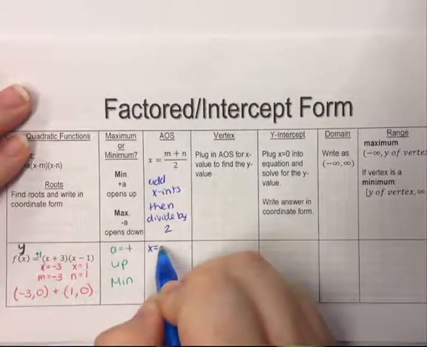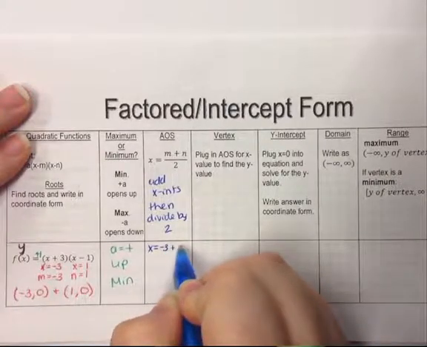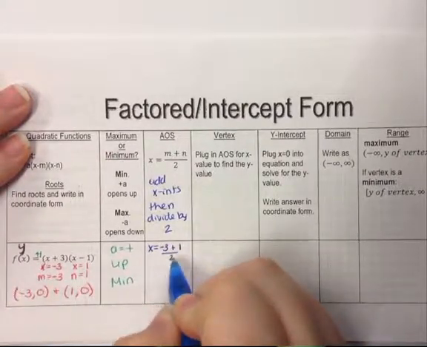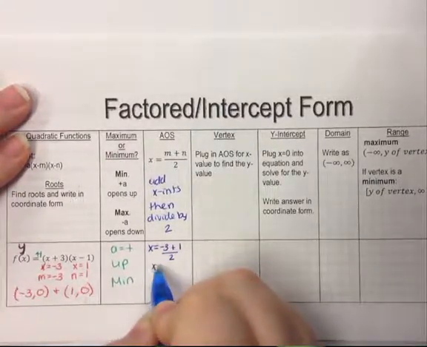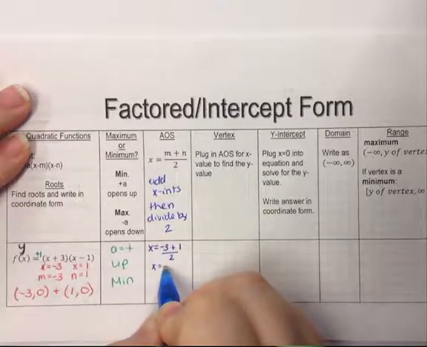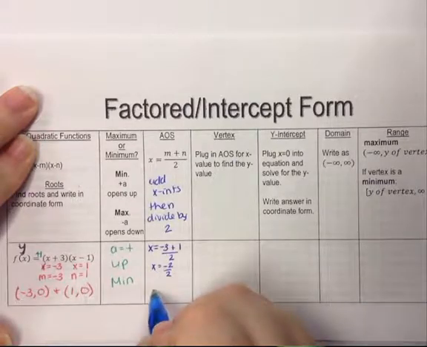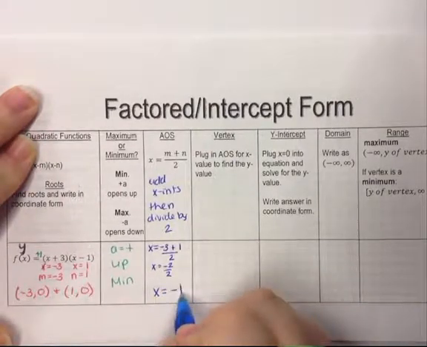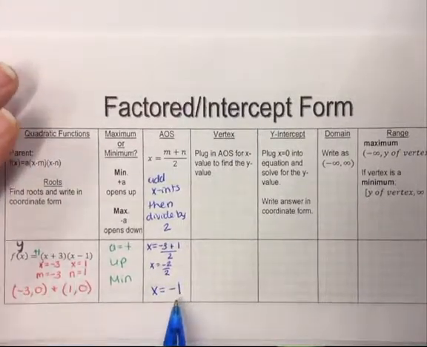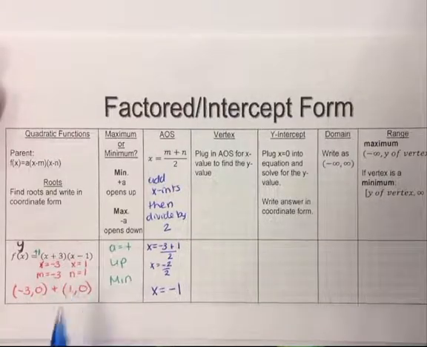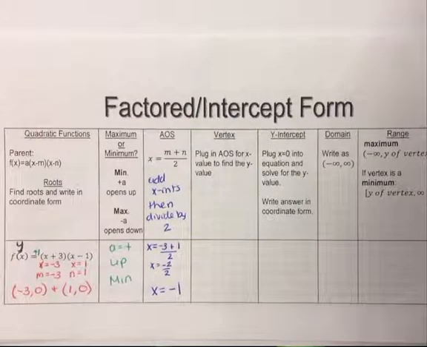We're going to take our -3 plus our 1 and divide it by 2. We end up with x equals -3 plus 1 is -2, divided by 2. So our axis of symmetry is actually x equals -1. And this is directly in between -3 and +1 on a number line.